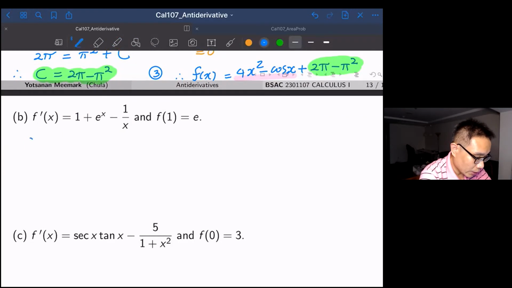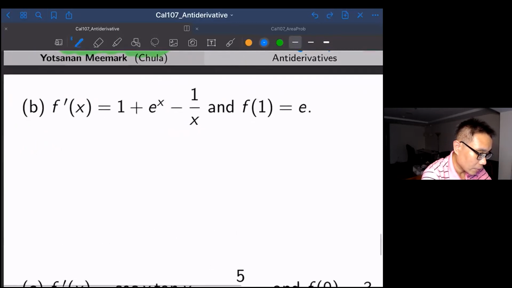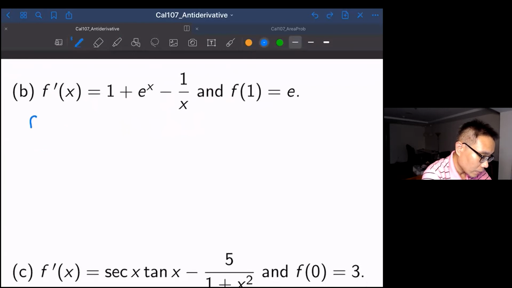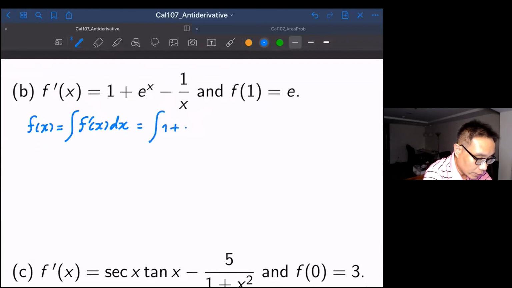So you're going to have f of x equal to the integral of f prime x dx. And this you will get the integral of 1 plus e to the x minus 1 over x dx.